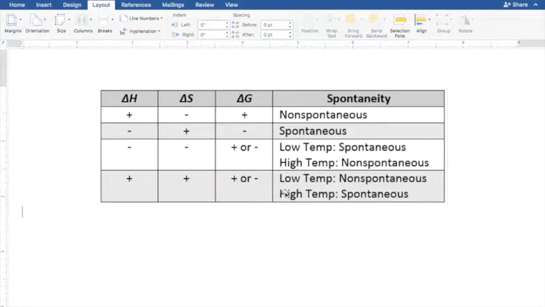Among those two, the ones where delta G is getting more negative, meaning the process is getting more spontaneous, that happens as temperature rises only when delta H and delta S are both positive. So for our purposes here, we need a process where entropy is increasing, or delta S is getting more positive. Those are the processes in which delta G is going to be getting more negative and the process is getting more spontaneous as temperature goes up.